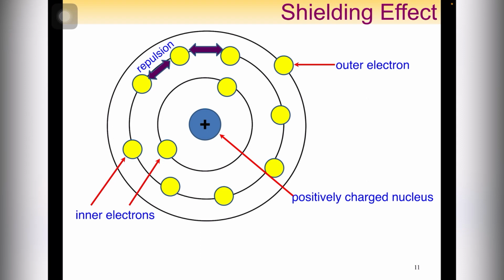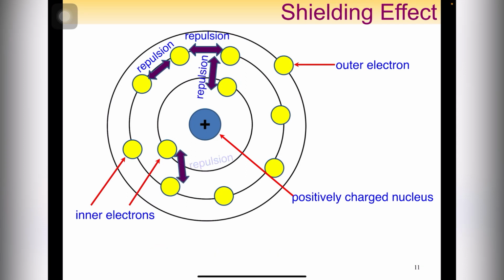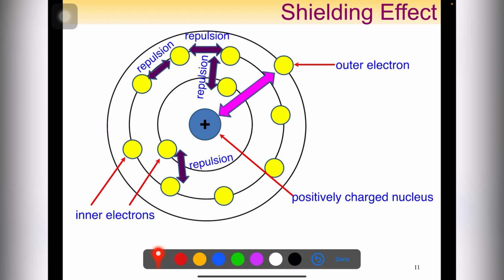There will be repulsion between the electrons in the same shell, or between electrons in different shells. This shows repulsion between electrons in the same shell, and this one is repulsion between electrons in different shells. There are also attractions, because the nucleus is positively charged. Between positive and negative, there will be attraction. So at the same time, there is attraction.